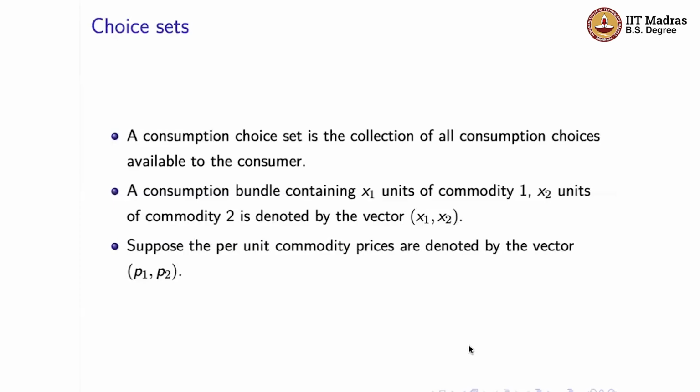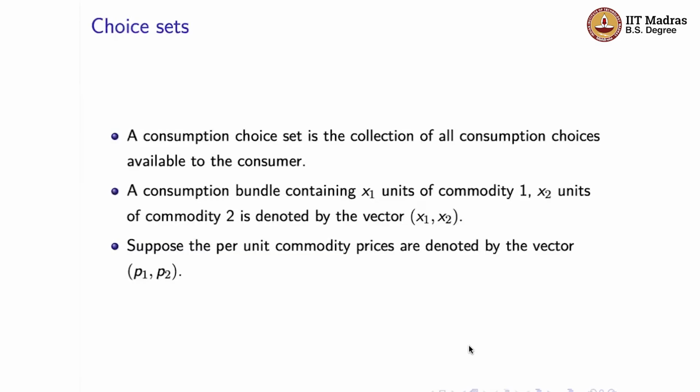Imagine that you have a consumer, and we are interested in characterizing the consumption choice set of the consumer. This is the collection of all consumption choices that are available to the consumer. We are going to deal with the simplest possible case where there are only two goods that the consumer is interested in buying, called commodity one and commodity two.